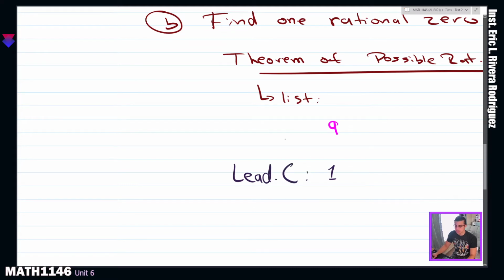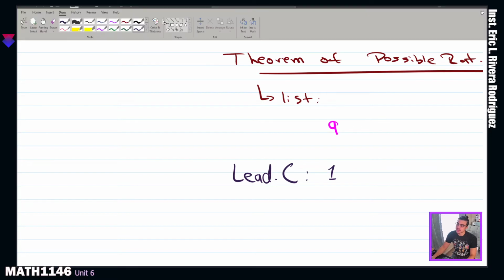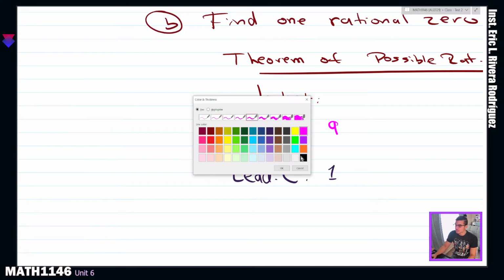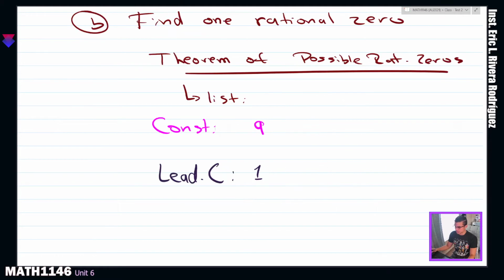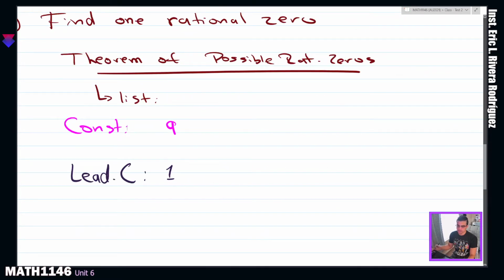Leading coefficient is 1. Constant coefficient or constant term value is 9. How are we going to use those numbers? We need to identify their factors.